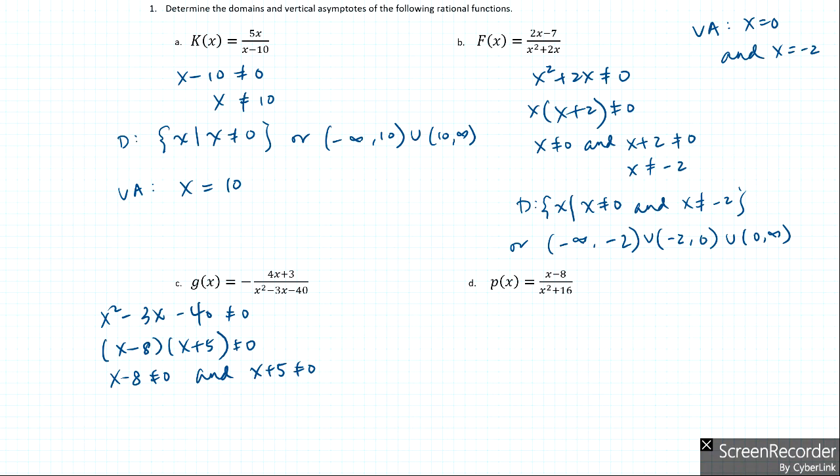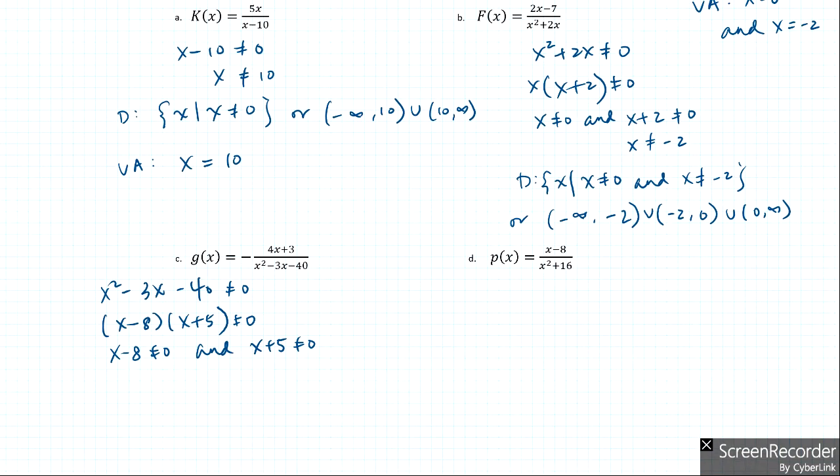So remember, when we're solving equations, we just want one of them to be 0 for the product to be 0. So if we want the product to be not 0, we need both of them to be non-zero values. And that's why we change the or. The negation becomes and over here. And therefore, we get x doesn't equal 8 and x doesn't equal negative 5.